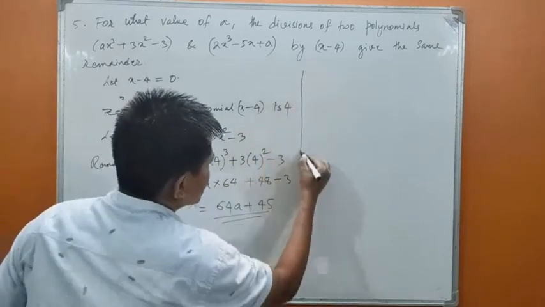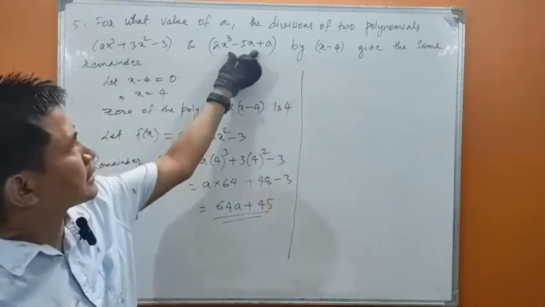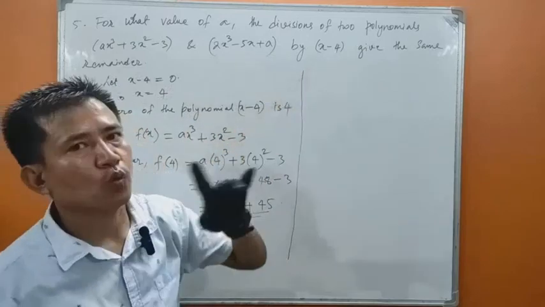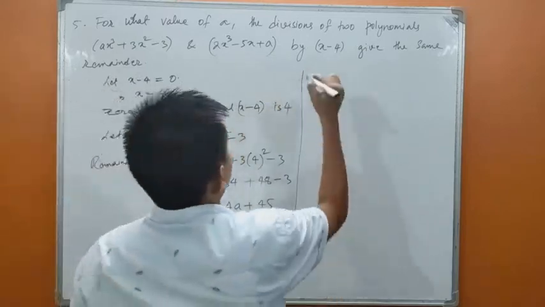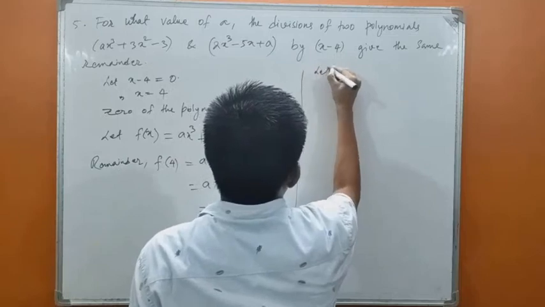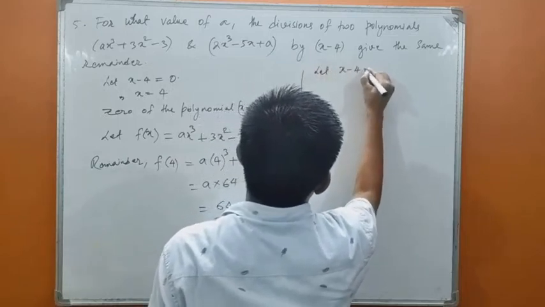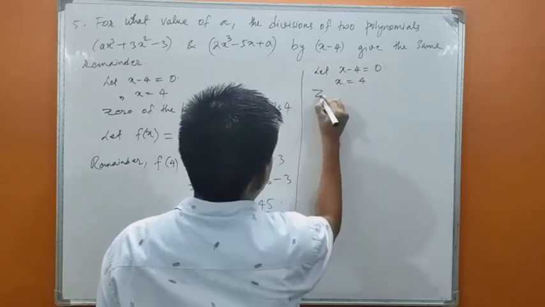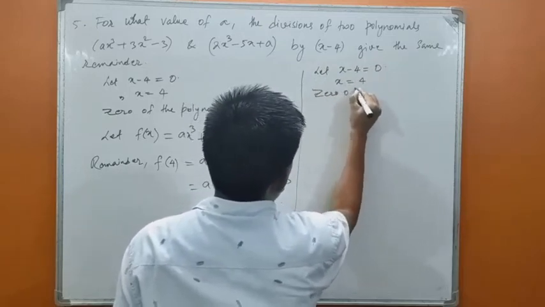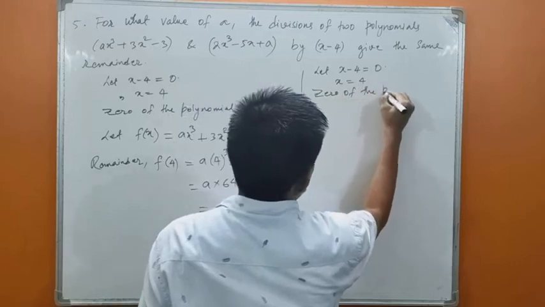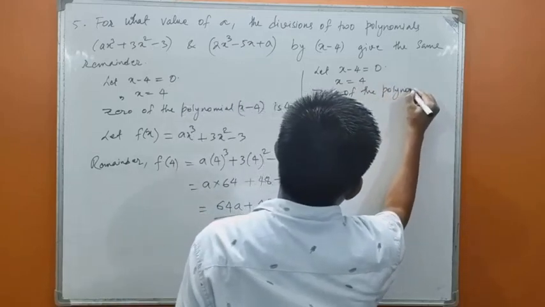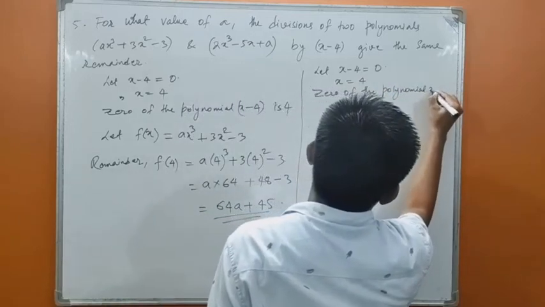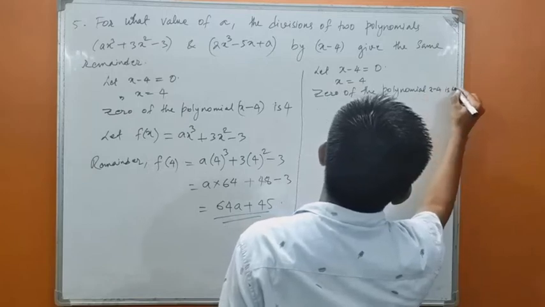Okay. Now let us check, when this is divided by x minus 4, what will be the remainder? Let x minus 4 equal to 0 or x equal to 4. Therefore zero of the polynomial x minus 4 is 4.